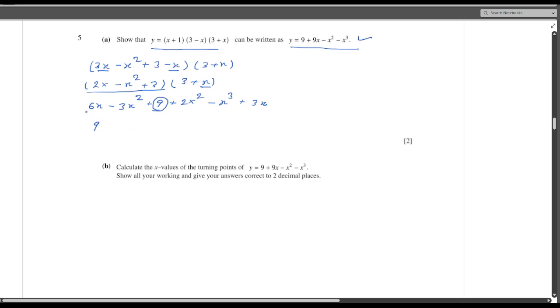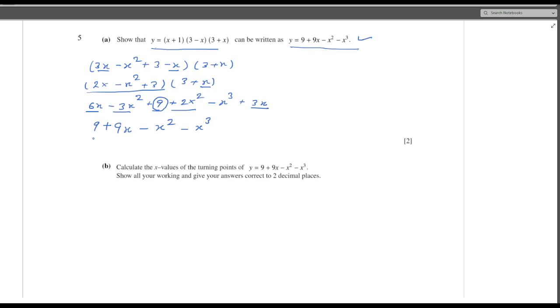Then 6x plus 3x is 9x. Then minus 3x square plus 2x square gives minus x square, and lastly minus x cube. They say show that this can be written like this. Okay, we did it.